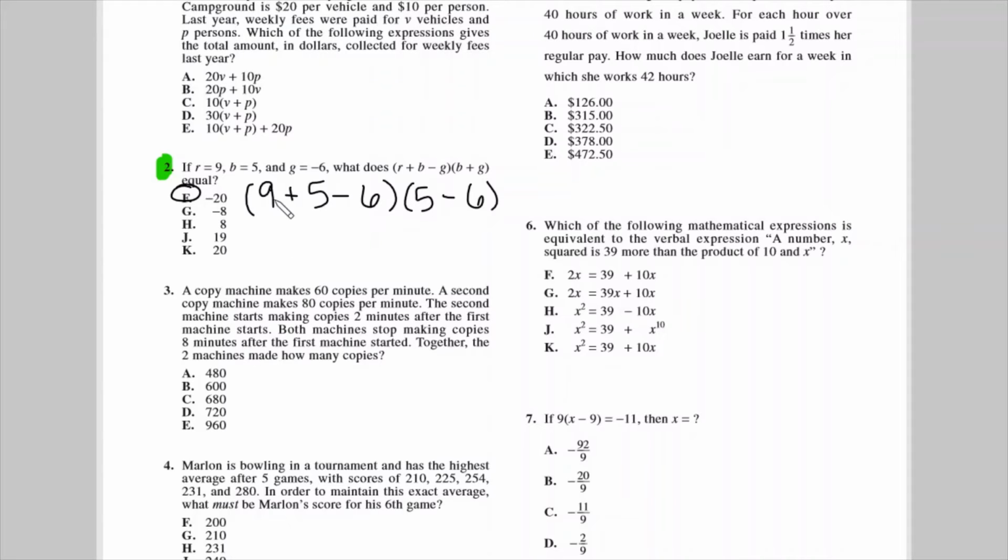And then I did this 9 plus 5 is 14. 14 minus 6 is going to be 8. And then we do 5 minus 6 is -1. And then that would give you -8. Now, obviously, this is the wrong answer, but notice that both this 8 here and this -8 here are trap answers for G and H.